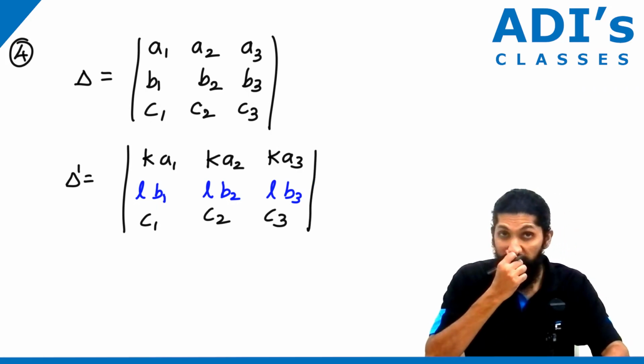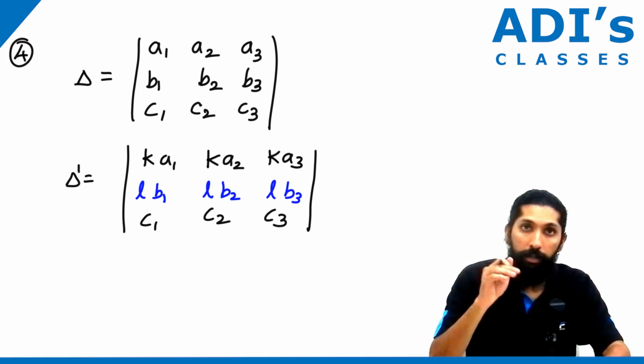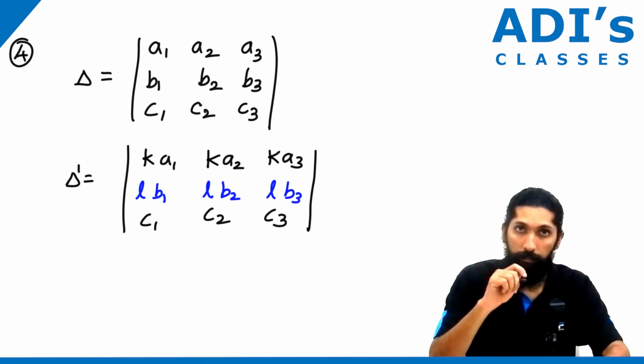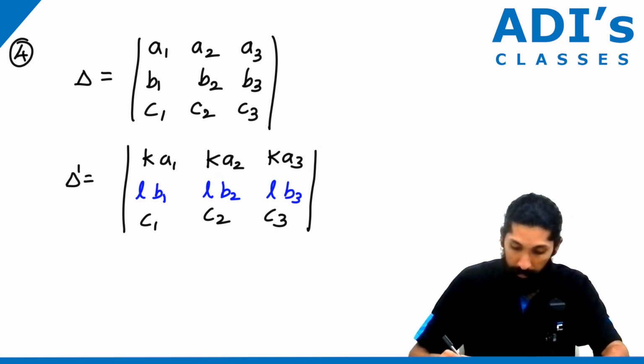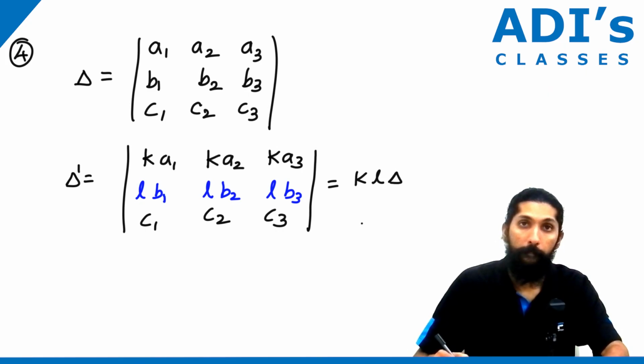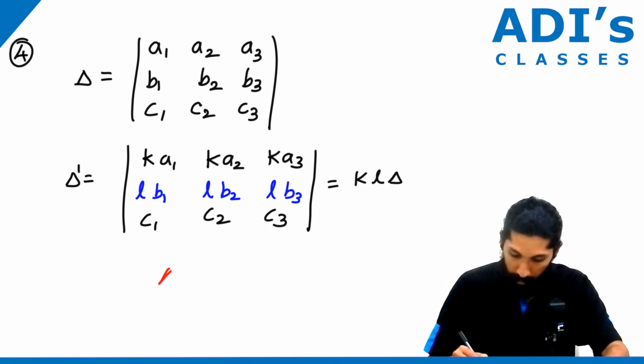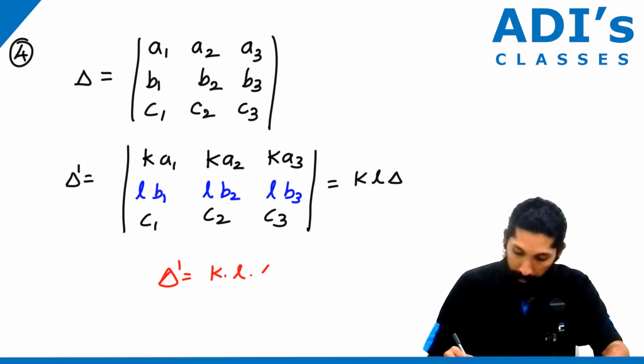Now in this case, from the first row you can take k common, from the second row you can take L common. So my delta dash becomes k into L into the determinant value, which is delta. We get delta dash is equal to k into L into delta.